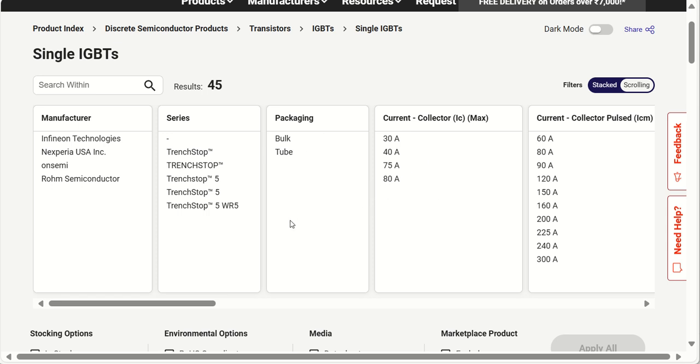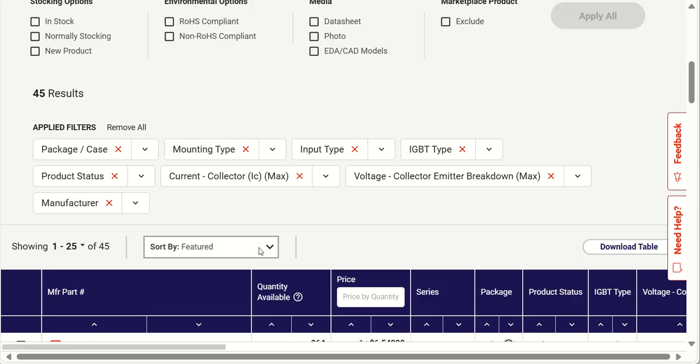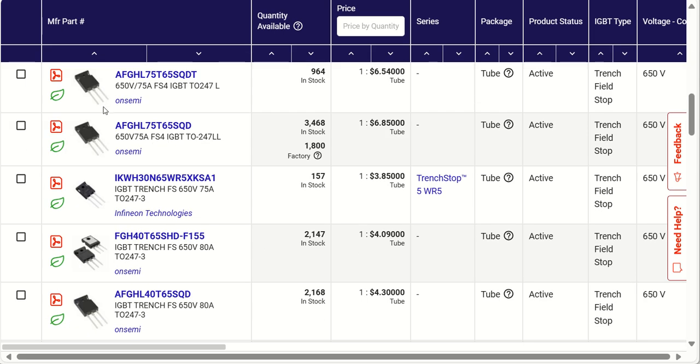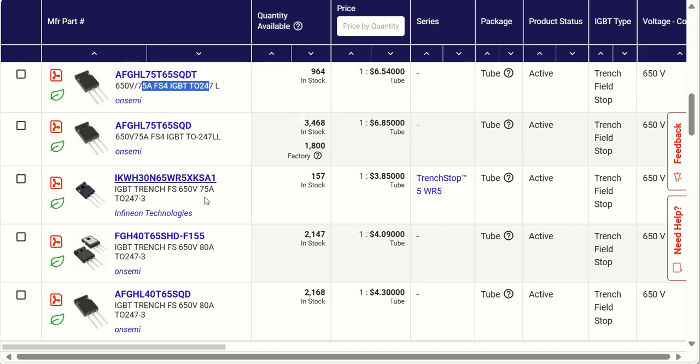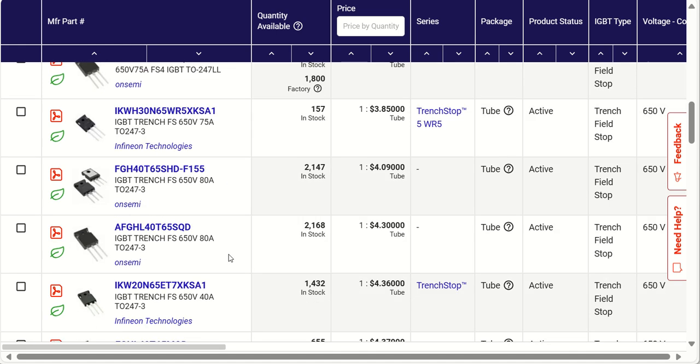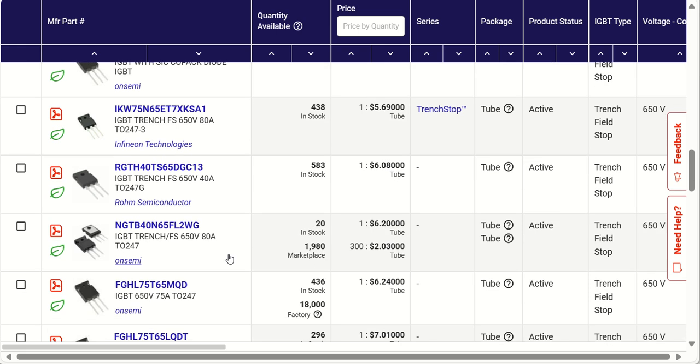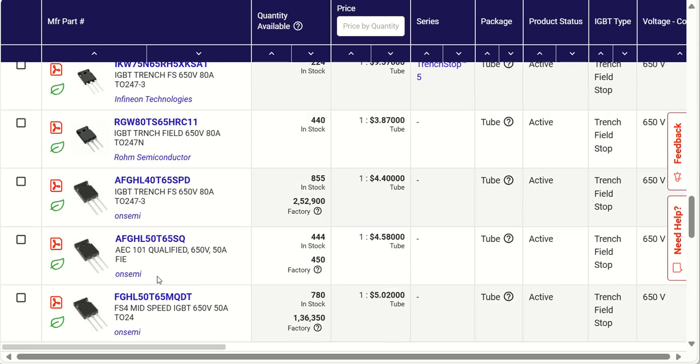This particular link I'll put in the description so that you can also have a look, and you can see we have a lot of results, from onsemi and Infineon. So these are the parts for different current ratings. If you want to utilize them, you can directly go and utilize them, right? So this is what I wanted to tell you. Coming back to some other parts, if you want to take, Rohm Semiconductor is there, and Infineon is there, so you can always take any one of them.